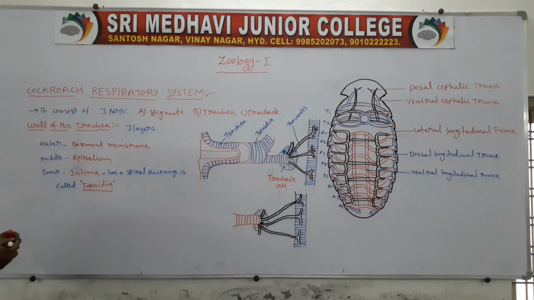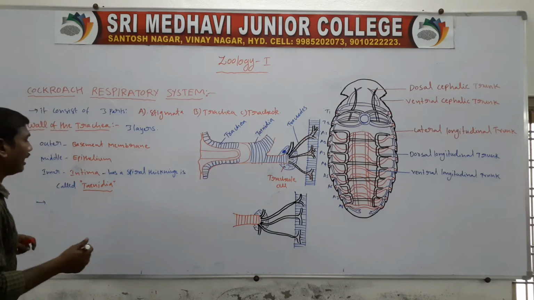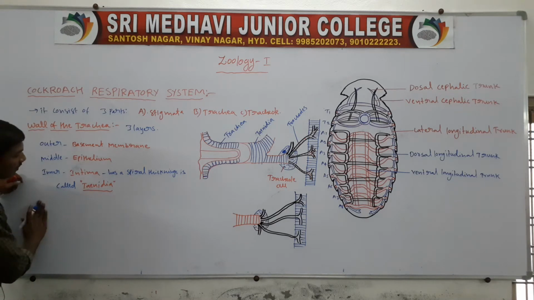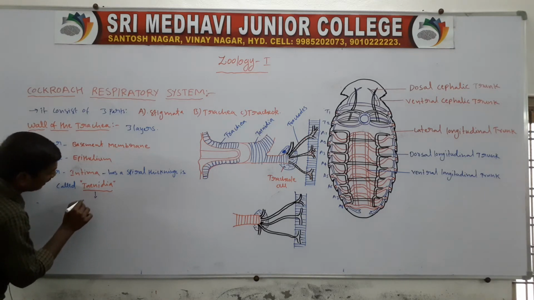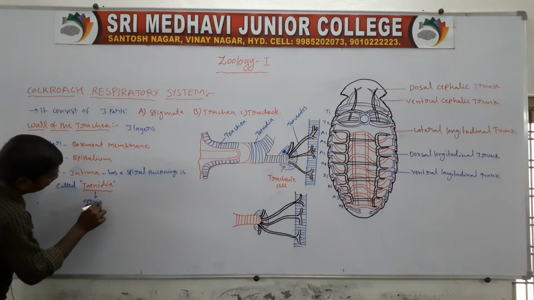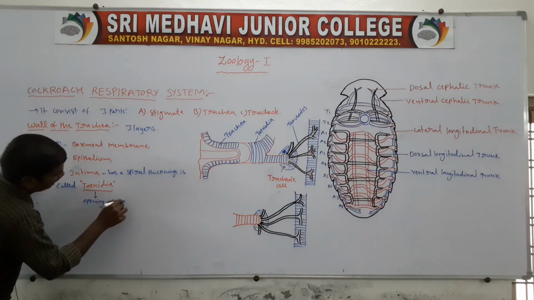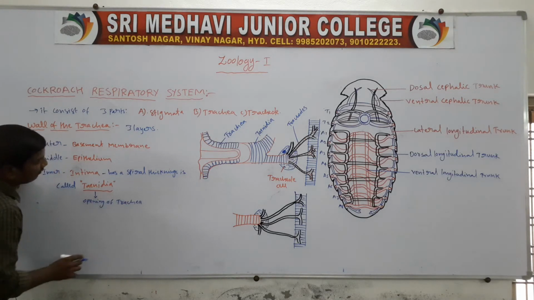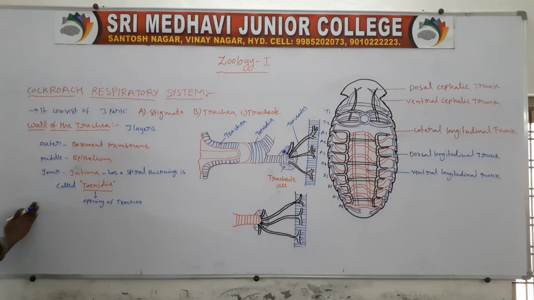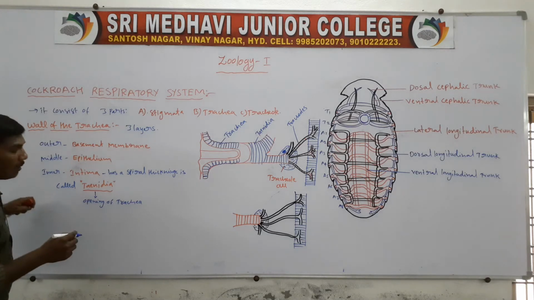Now the ctenidia function. The ctenidia help keep the trachea always open. Next, they prevent collapsing.